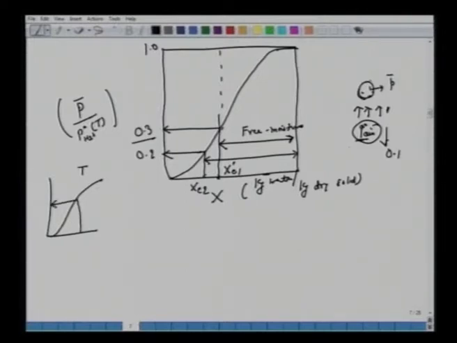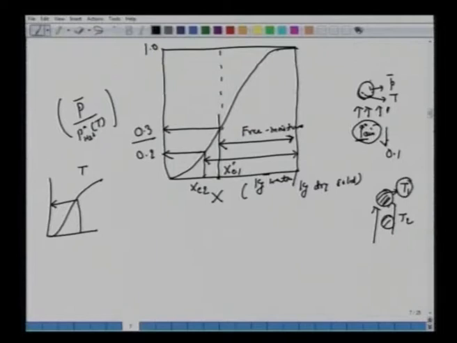Here it depends upon your air conditions, the quality of air, to what extent it has been dried. In fact, it depends upon the temperature also. Same air, but you have a different solid. Maybe you are heating the solid by radiation heating or microwave heating. In one case temperature is T1, in another case temperature is T2, but you have the same quality of air going through this.